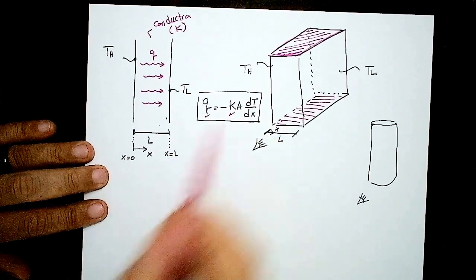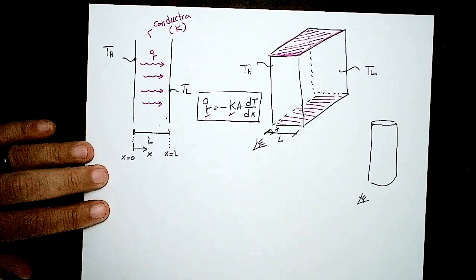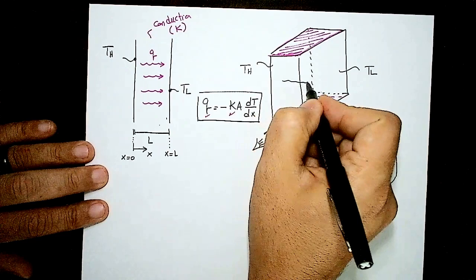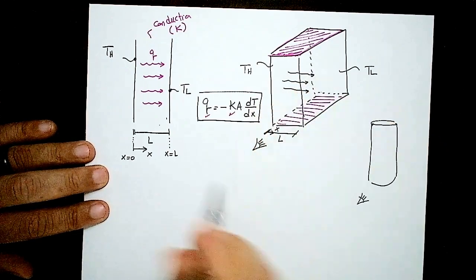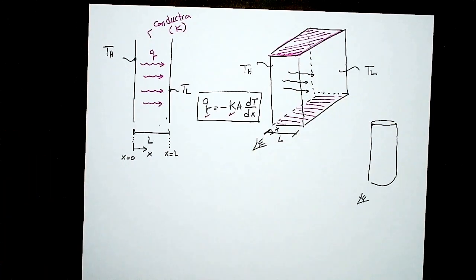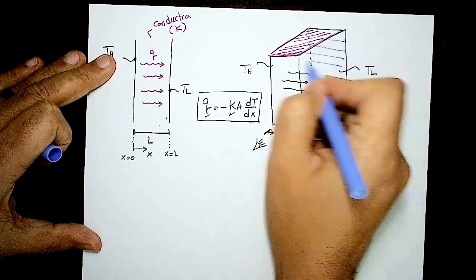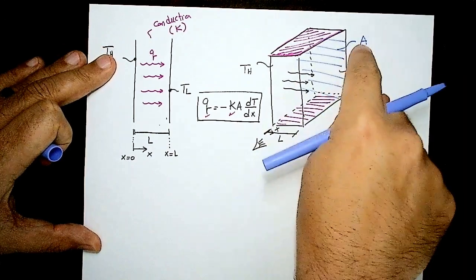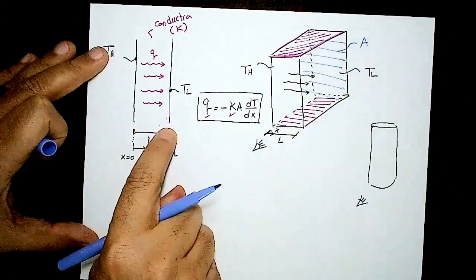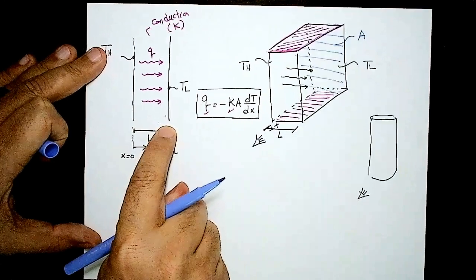Now, what is A? Again, A is defined as the area perpendicular to the direction of heat. Heat is coming that way, from the back face to the front face, right? What is the A we are talking about? This is the area I'm talking about. This is A, which you cannot see on this projected two-dimension drawing.